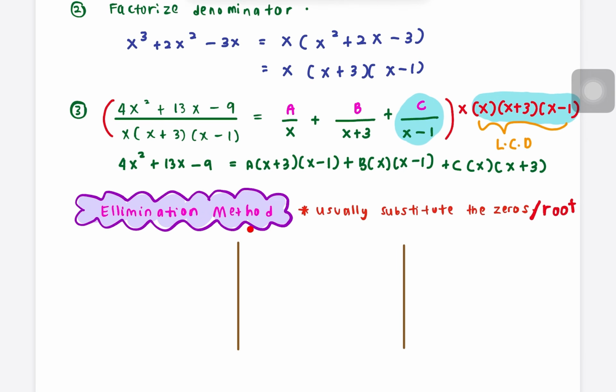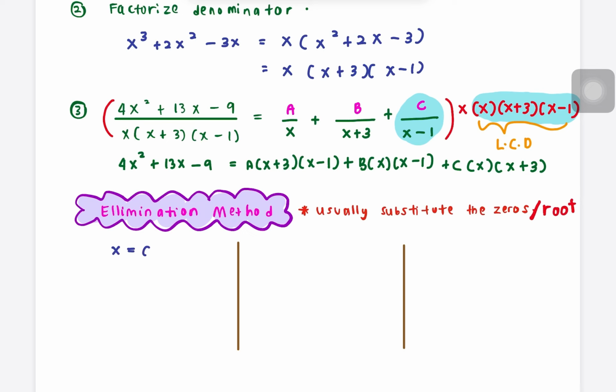So what are the roots? Just write the roots first. The first root is x equal to 0. The second root is x equal to negative 3. And the third root is x equal to 1.